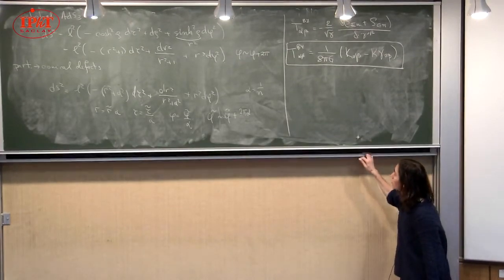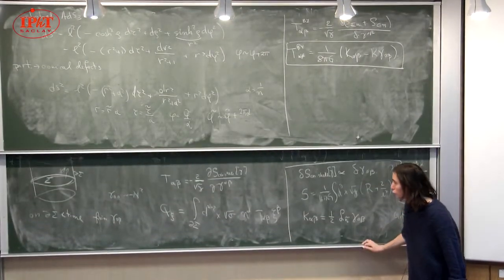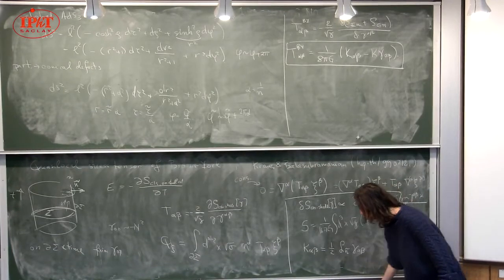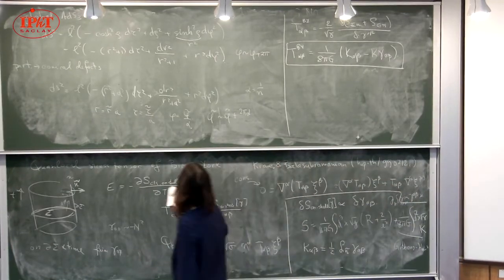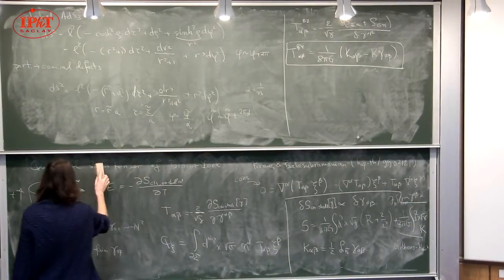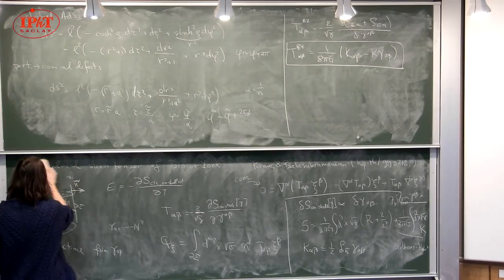Okay, good. So now we want to apply this to just ADS, and the only problem that we have with ADS is that it blows up asymptotically. So we have to do something about that.